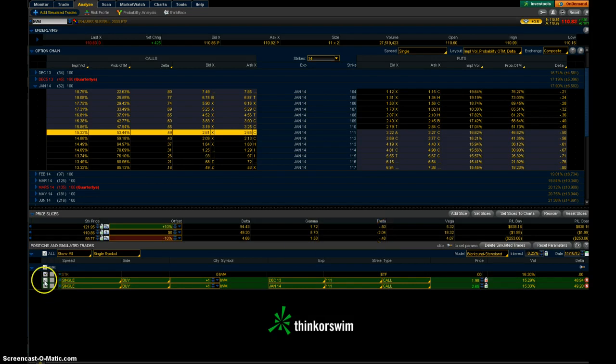If you remember, the theta of the previous was $2.78. With this one, it's $2.04. So time decay is less the further away you go in time.